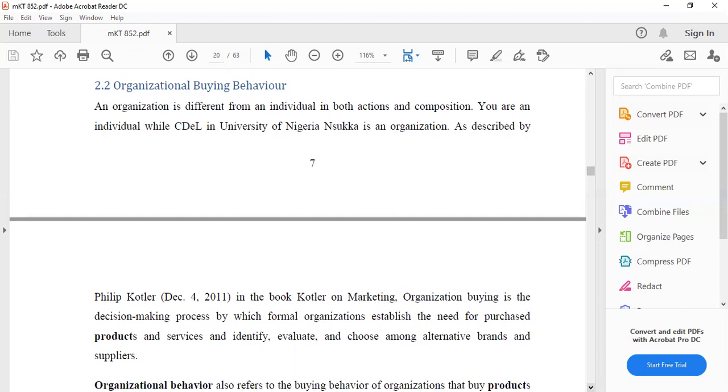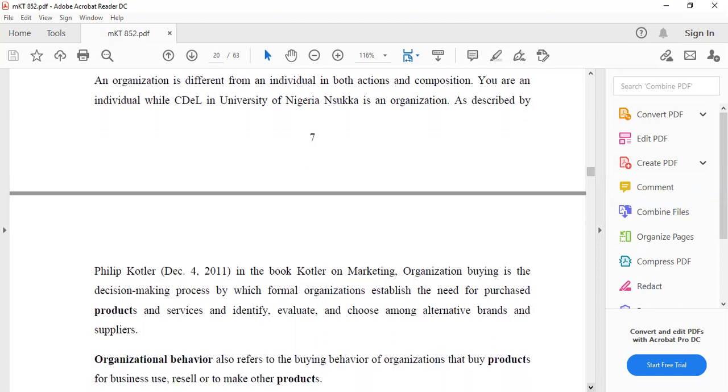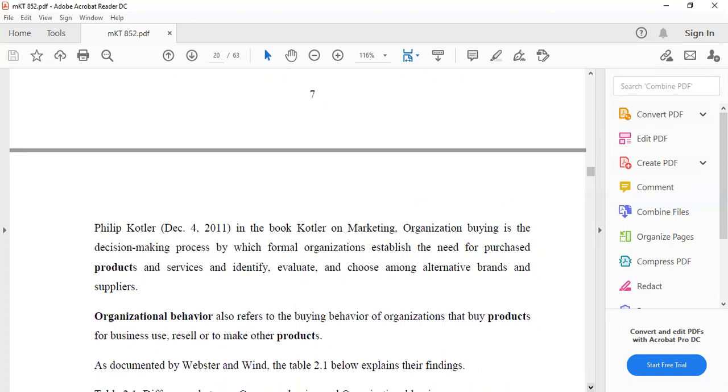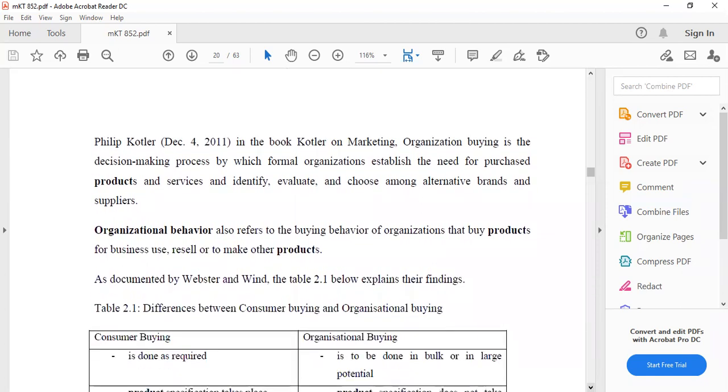Now, we had earlier said that organizations buy for business use. That is, they can use the product, they can buy to produce another product, or they can buy to resell the product.